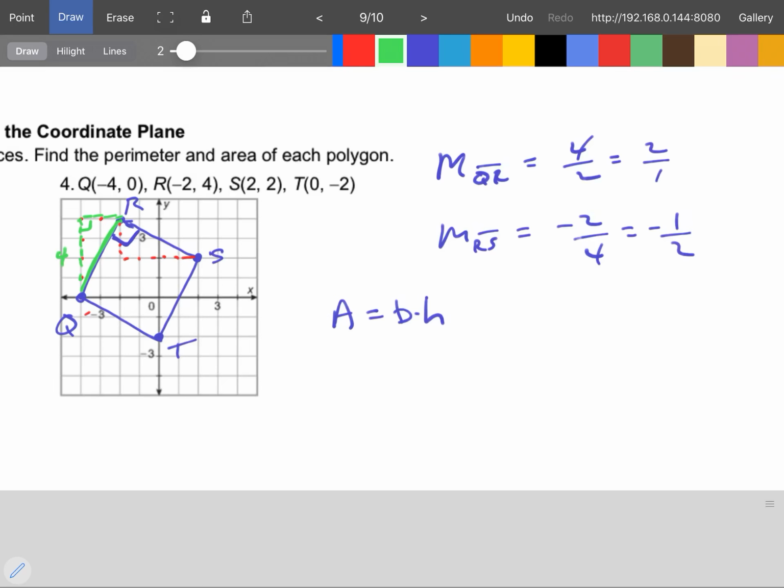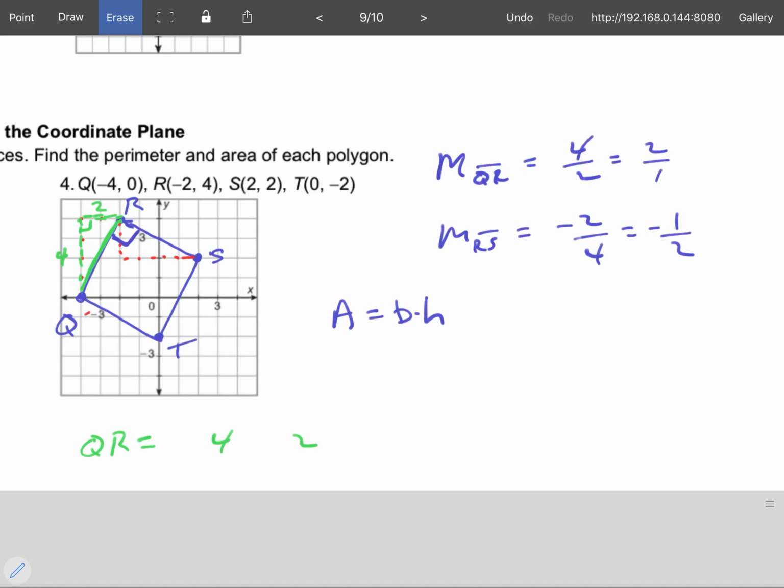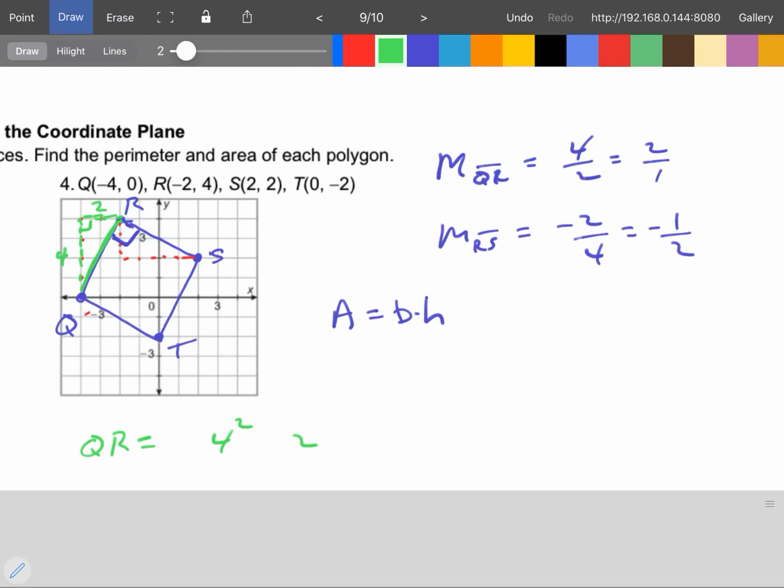And then I know that this horizontal green side up here is 2 units long. So we got to find the distance from Q to R first. So the distance from Q to R, I take the 4 and the 2, and I square both of those things. And then I add them together, and I take the square root.